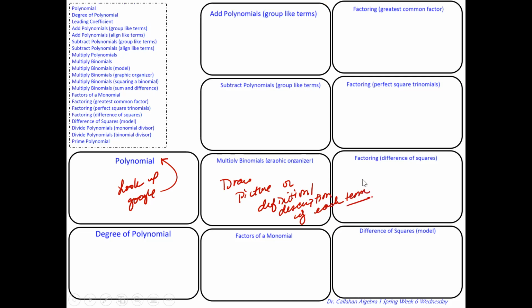It's entirely up to you whether you want to draw a picture or give me a definition. The terms I want you to focus on are polynomial, degree of polynomial, add a polynomial, subtract a polynomial, multiply binomials, factor of a monomial, factoring, factoring perfect squares, factoring difference of squares, and difference of squares. So make sure you Google these terms and then write down the definition.